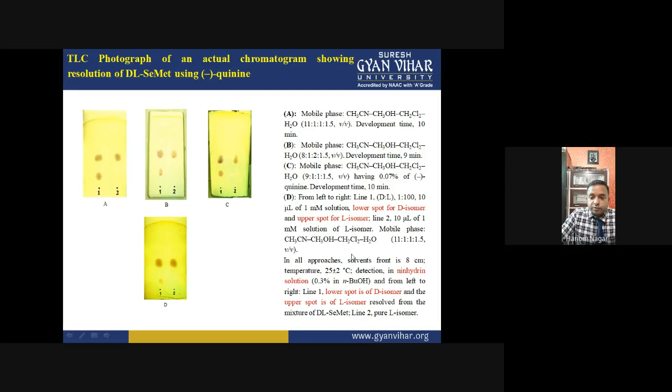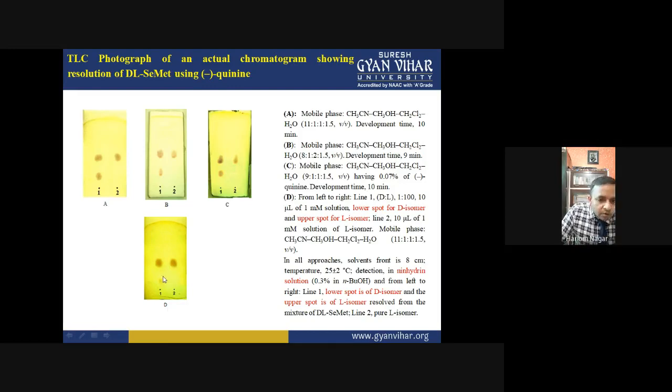So suppose we make a mixture of the D and L isomers of selenomethionine in 1 to 100 ratio. The D isomer is taken in 1 ratio and the L isomer in 100 ratio. This mixture was taken and spotted here, and after the chromatography run, these spots were observed.